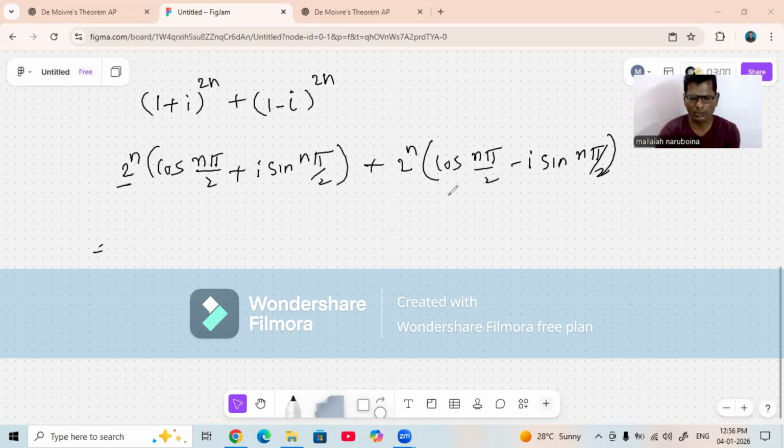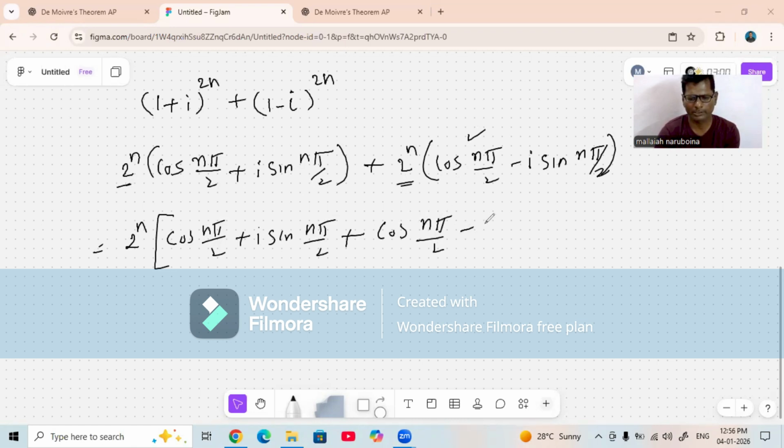Now 2n here, also 2n here. So I am taking 2 to the power of n as common. Now we write the terms inside the bracket: cos n pi by 2 plus i sin n pi by 2 plus cos n pi by 2 minus i sin n pi by 2. The plus i sin n pi by 2 and minus i sin n pi by 2 get cancelled. So we are left with 2 power n.